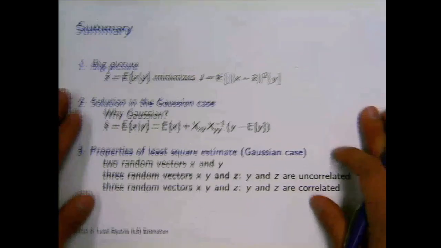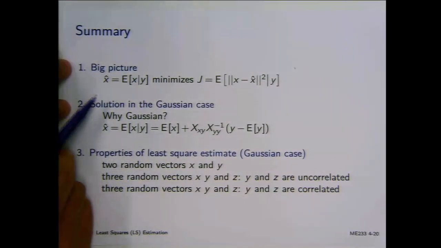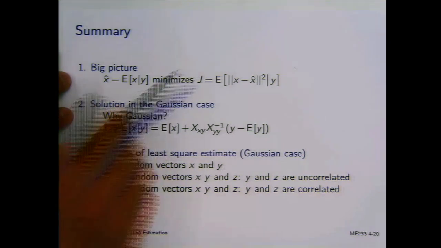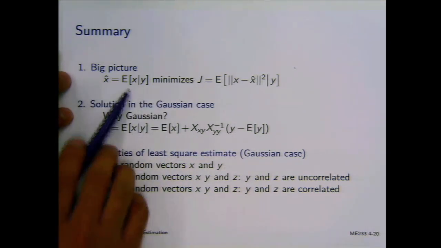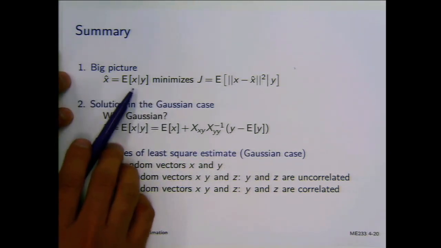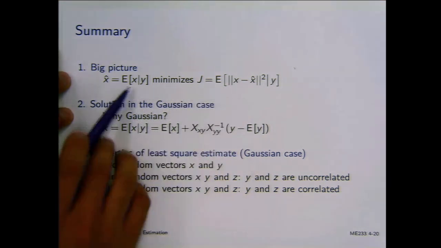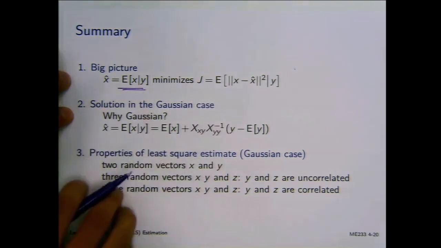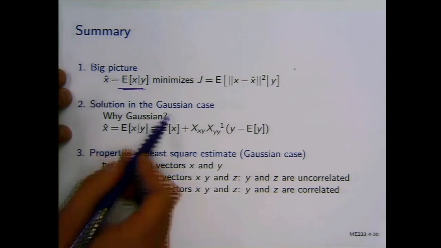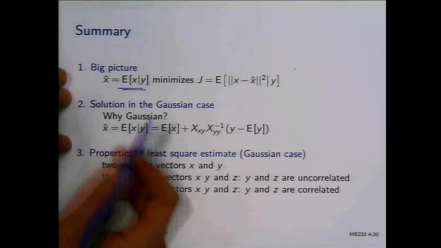As a review, summary, what we have done is, first of all, we started with this big picture. This works for any random distribution of x and y. The minimizer for this least square problem is going to be the conditional expectation. And then we moved from there to the Gaussian case, and we explained why Gaussians are important.